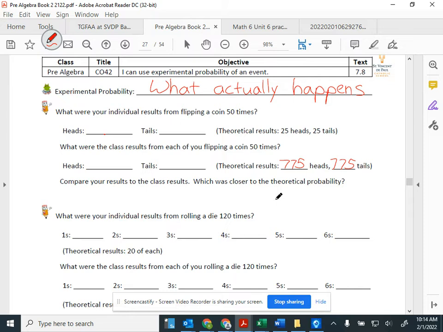Paisley? 29. Maddie? 19. Molly? 25. Andrea? 24. Chase, did you get your heads done yet? I did. How many heads did you get? 28. Izzy? 22. Charlotte? 21. Julian? 23.